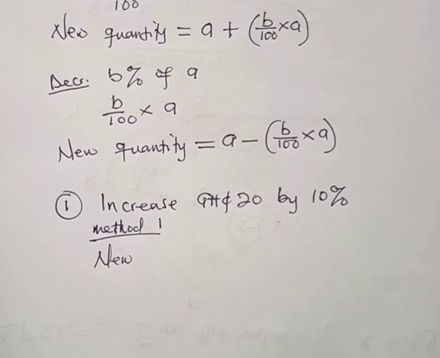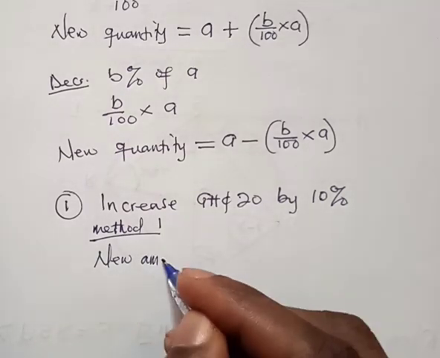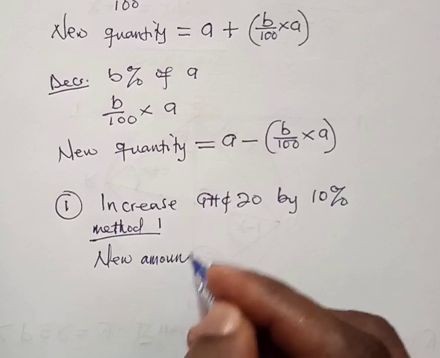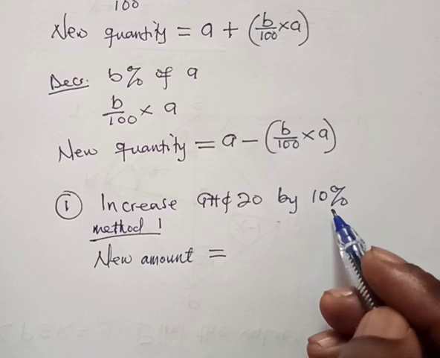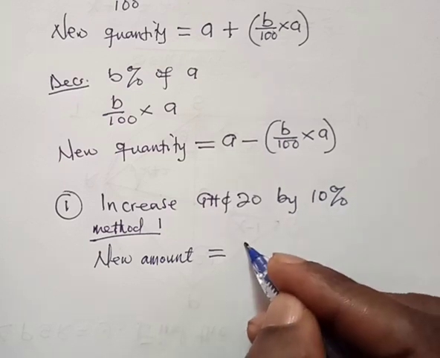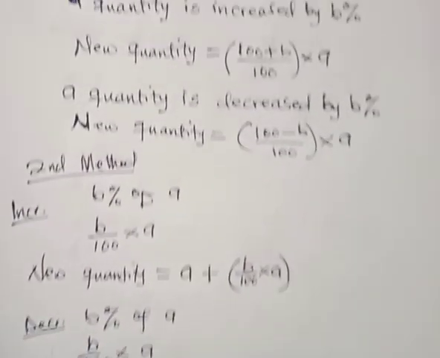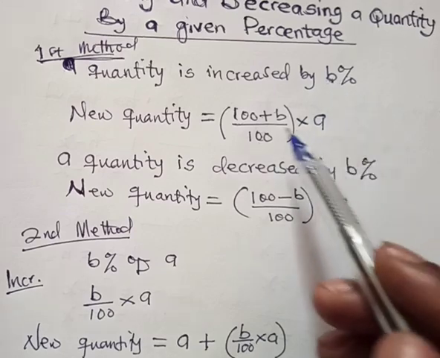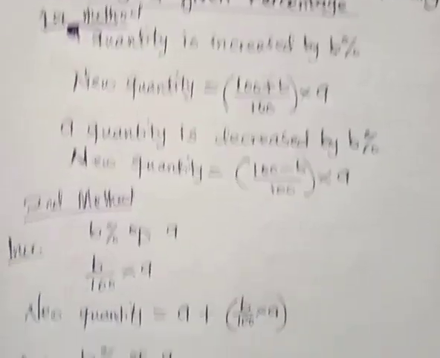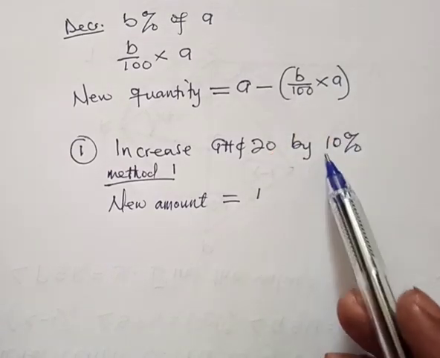That becomes our new amount. In our first method we said that you add whatever value is here, that is the b, to 100. So this time, what is my b in the question? My b in the question is 10.